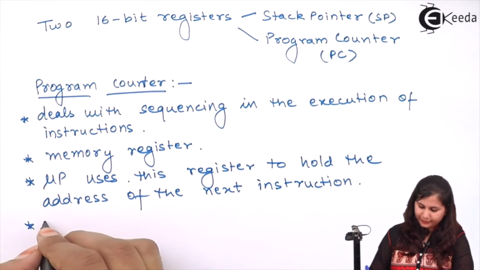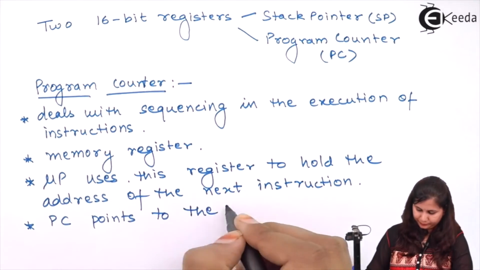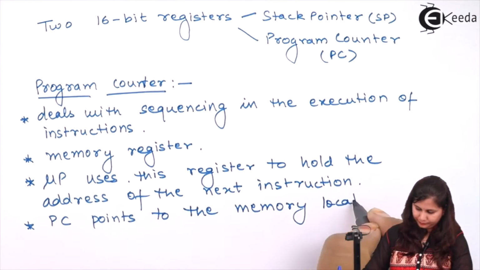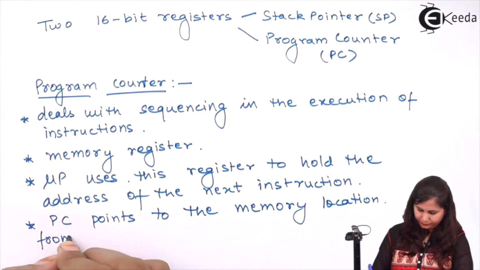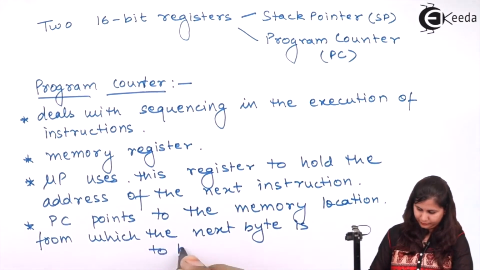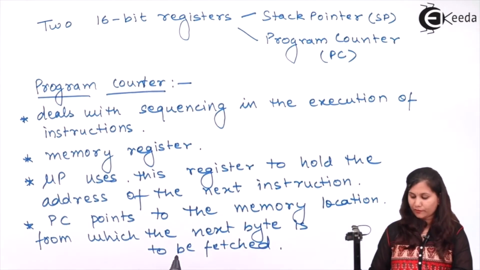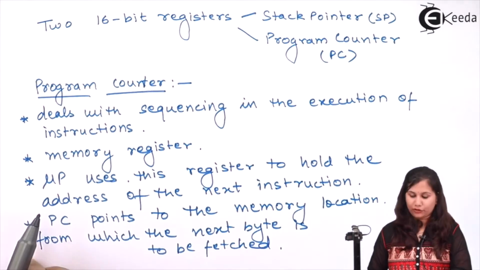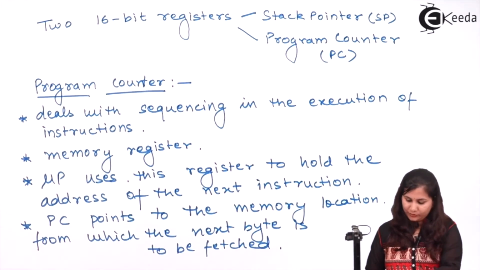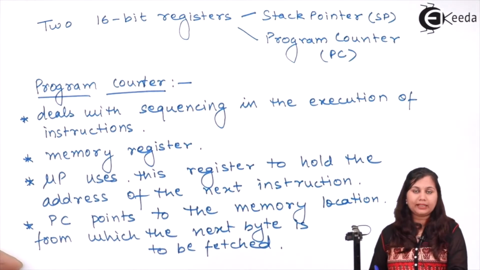Or we can say that the program counter points to the memory location from which the next byte is to be fetched. Or we can say that when a byte is fetched by the microprocessor, the program counter gets incremented and then it will point to the next instruction which has to be fetched.